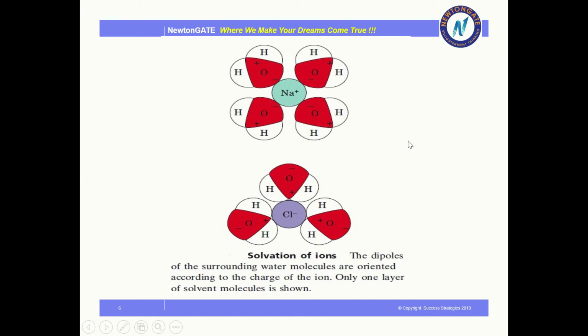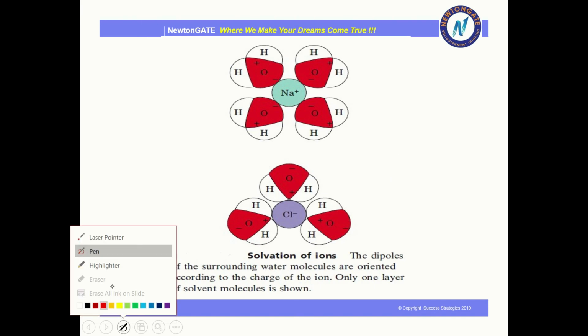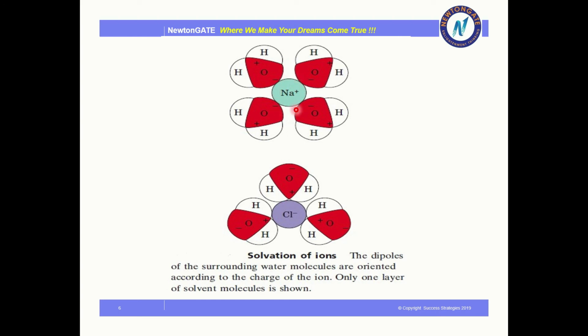See, this is what happens. Here you can see the sodium ion and chloride ion, right? See that the water molecules have surrounded the individual ions completely, and that's why they will not be able to approach one another.